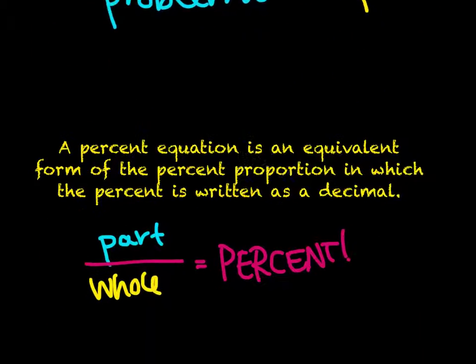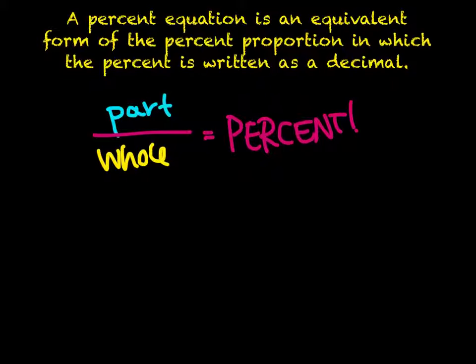We're going to start out with percent equations. A percent equation is the equivalent form of a percent proportion in which the percent is written as a decimal. If you remember, we had part to whole, and before that a percent over 100.